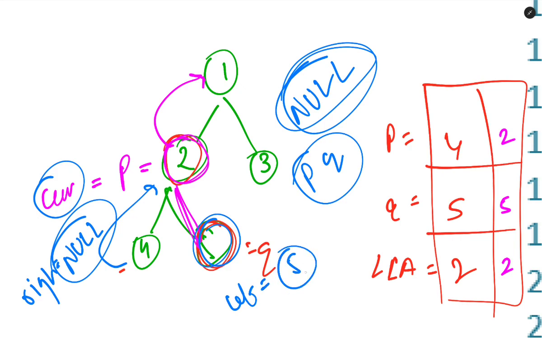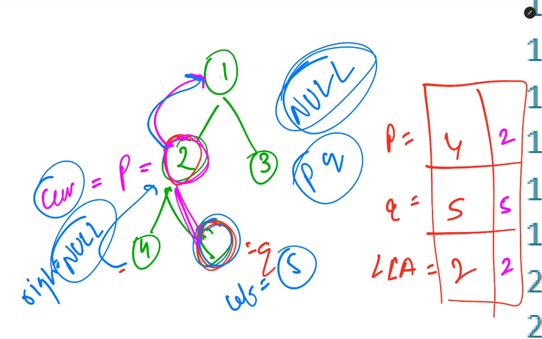So I will say that 5 is not null, but the right is null. So basically neither P nor Q is found in 2's right child, but something which is not null, which is 5, came from 2's left child.